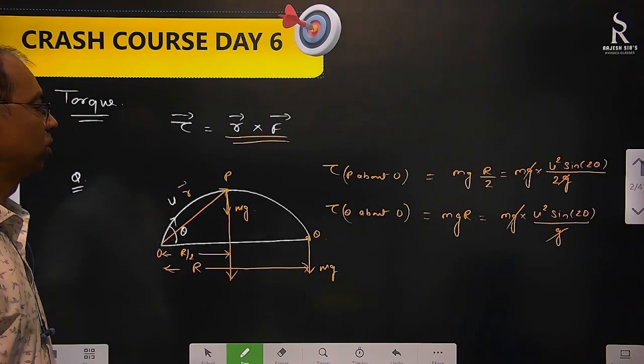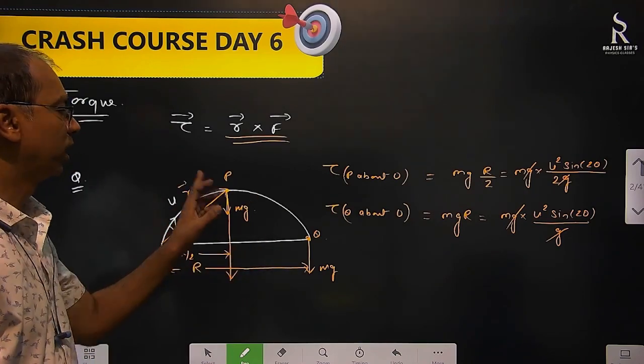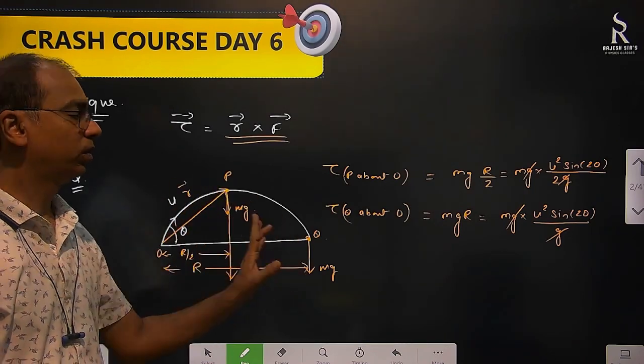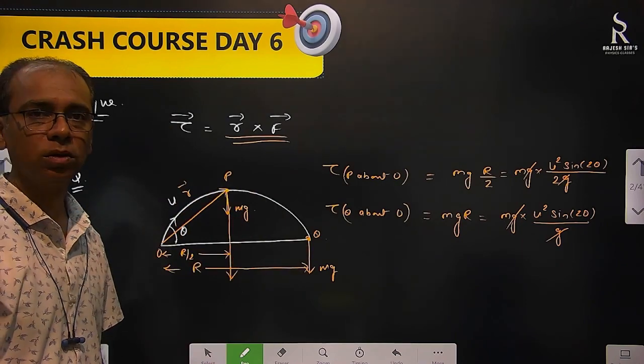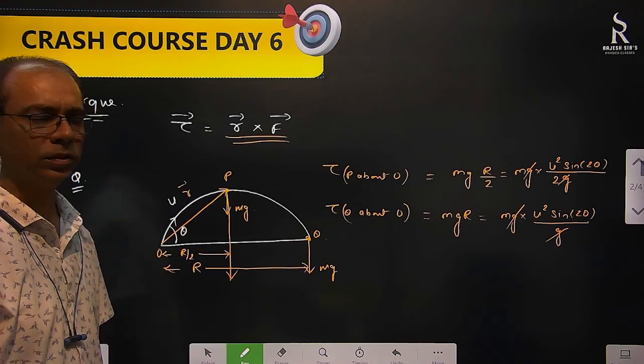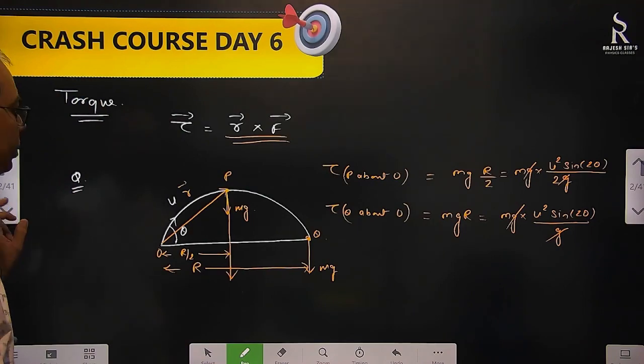This is the torque of this projectile motion about O when it is at the highest point and when it is about to strike the ground. Very simple, right?